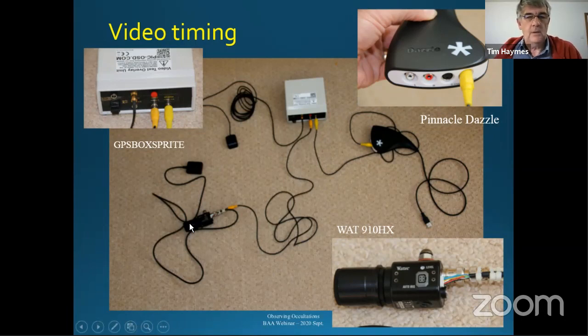We don't know exactly why, but it certainly gives results which are superior, perhaps by as much as half or one magnitude. This is the video time inserter which we use with video cameras. It gets its time from GPS and it's inserted into the video signal through this box, and then we can record it onto a computer via an analog to digital converter.